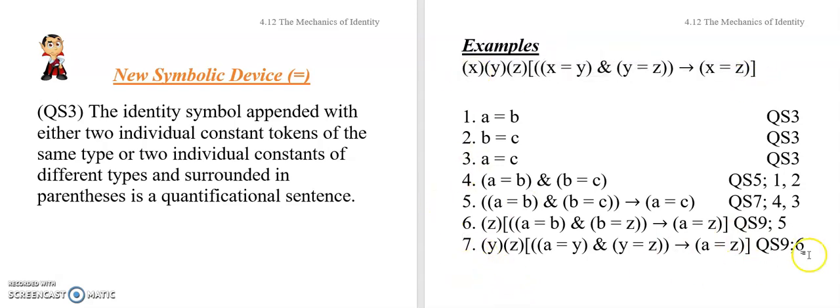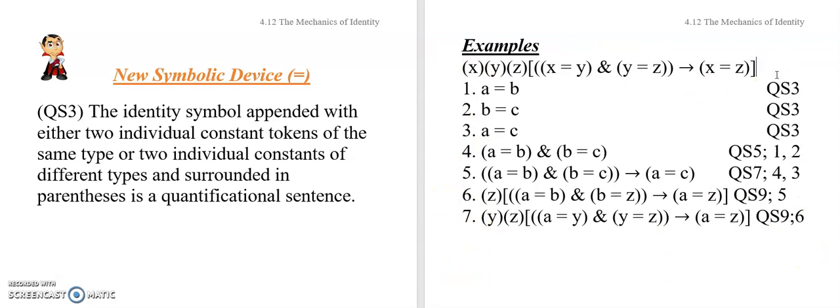So basically we're taking line 7 and putting the whole thing in parentheses, and then surrounding the whole, like this, putting the x quantifier on here and replacing the a's. That's QS9 applied to line 7.